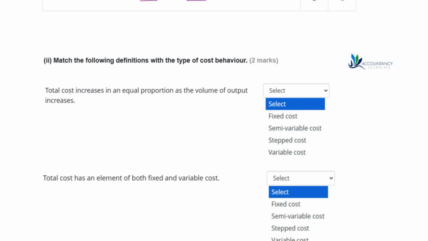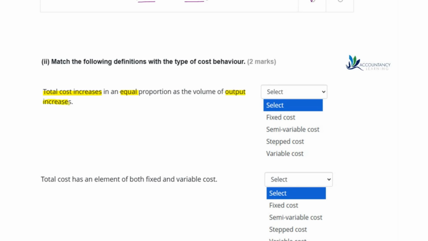Match the following definitions with the type of cost behaviour. Total cost increases in an equal proportion as the volume of output increases.